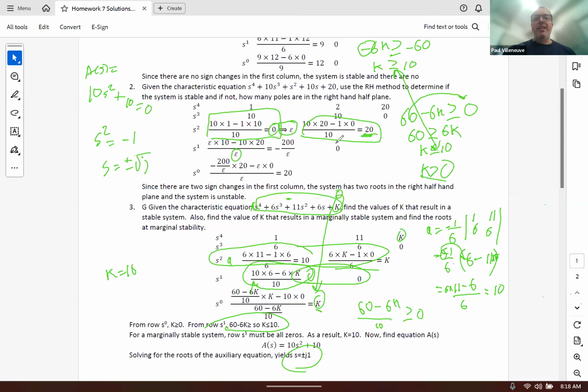Remember to solve this number here, it's negative 1/10 times the determinant of always the first row and then 1 to the right. I never use the same row it's in to solve for those coefficients, right? So E doesn't enter into the picture until I move to the S1 row. Anything in the S2 row doesn't even care that E is there.